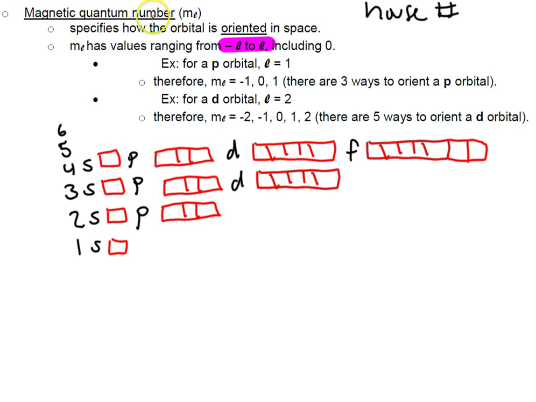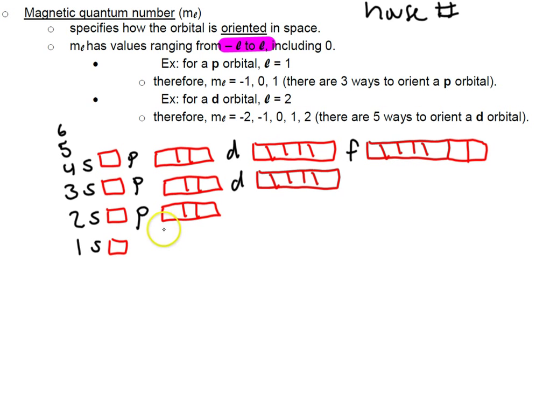This magnetic quantum number is going to specify which specific orbital, kind of suborbital, we're talking about. You can see I've highlighted the boxes this time. As we learned before, these boxes represent the suborbitals.